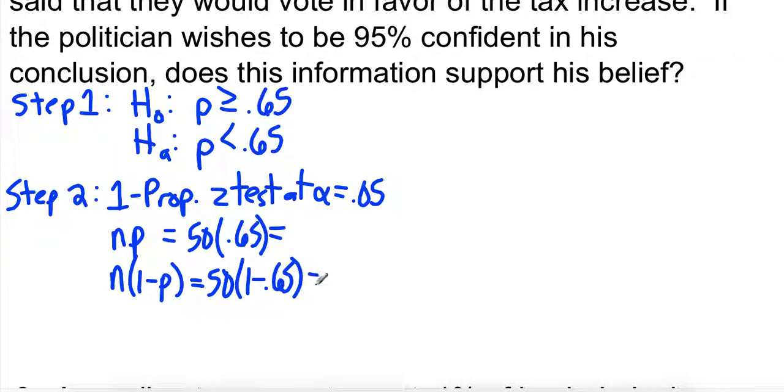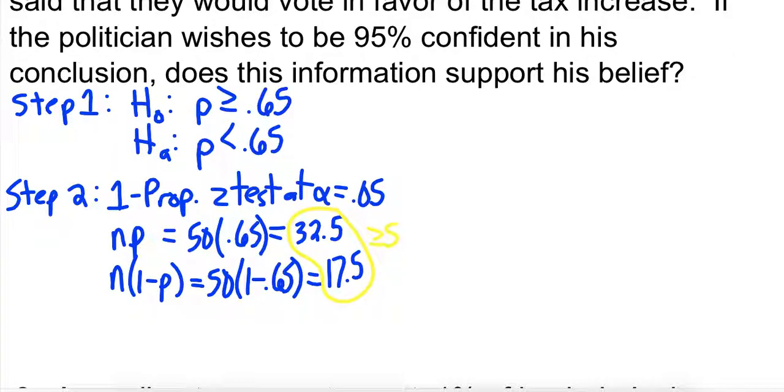Pop those numbers into the calculator, and we get 32.5 and 17.5. Both of these values are greater than or equal to 5, so we're okay. This will work.